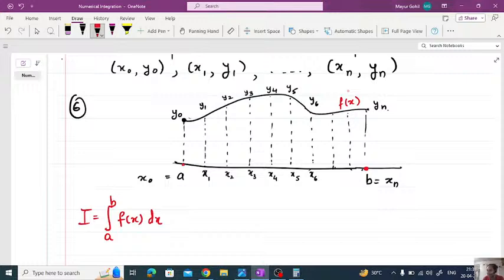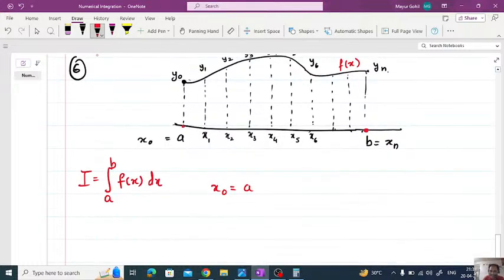So I have partitioned my interval. This is a technical word. When you partition the interval, you have to partition it properly, not haphazardly. You label x naught as a, and then here you will get x naught, x1.